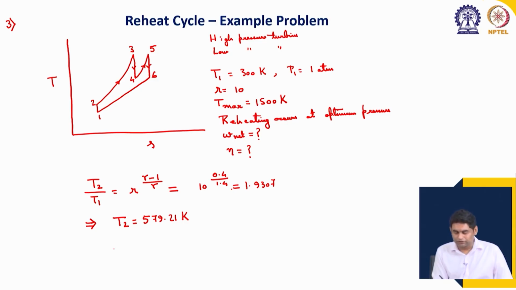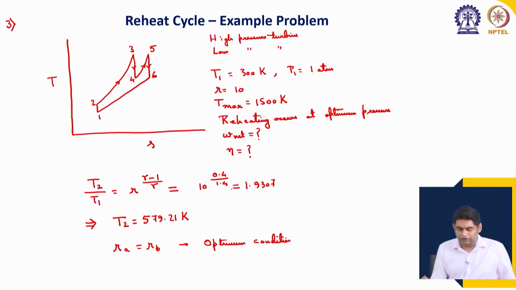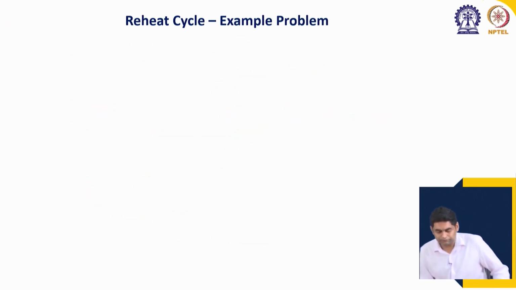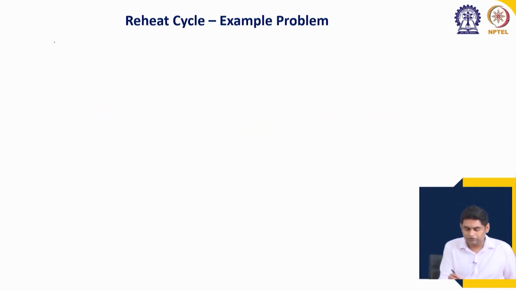So, for that we need to find out what R A and R B are. So, R A equal to R B for the optimum condition, and we know that we will keep this figure.